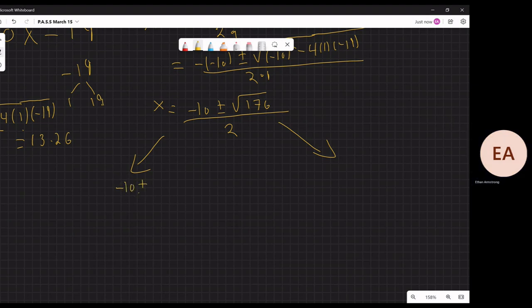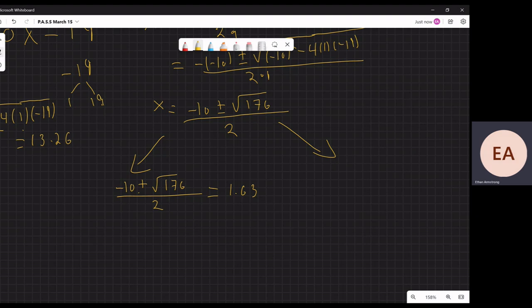Plus the square root of 176 over 2, and that will give us x equals 1.63.